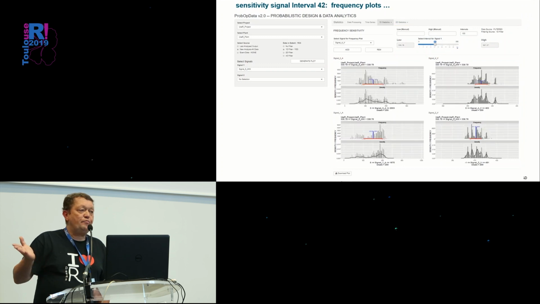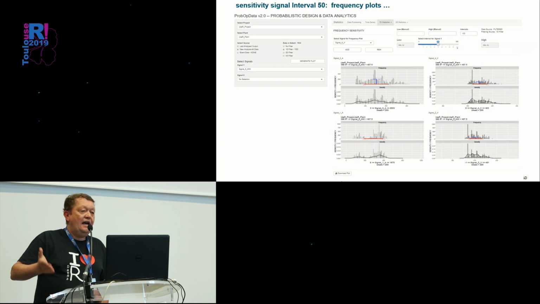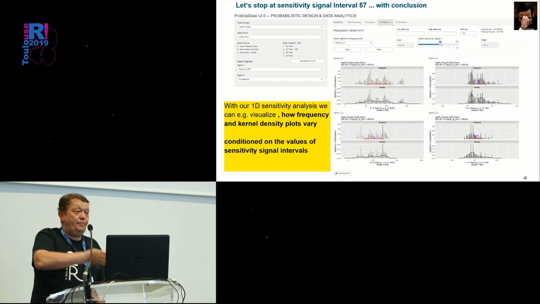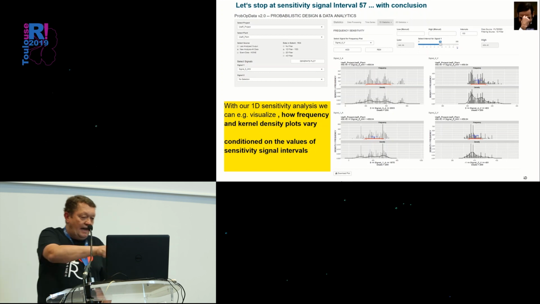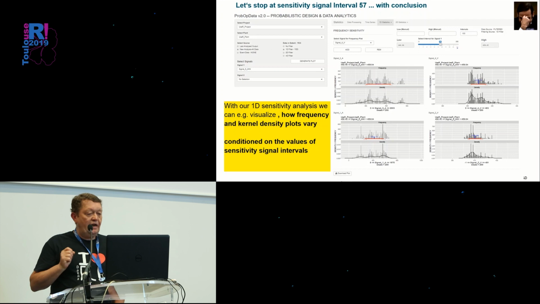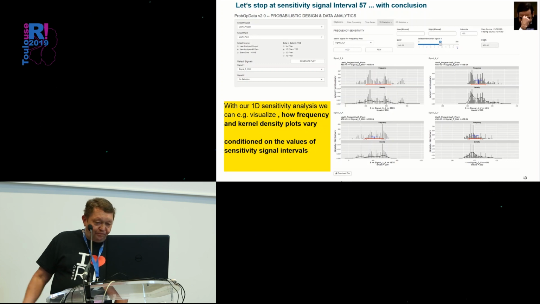It's like a conditional probability. It's for the engineer's view to visualize how the frequency plots change with respect to the sensitive interval. So it's how frequency plots and kernel density plots vary, conditioned on the values of sensitivity signal intervals. Okay, that was easy, but for them it's a visualization tool.